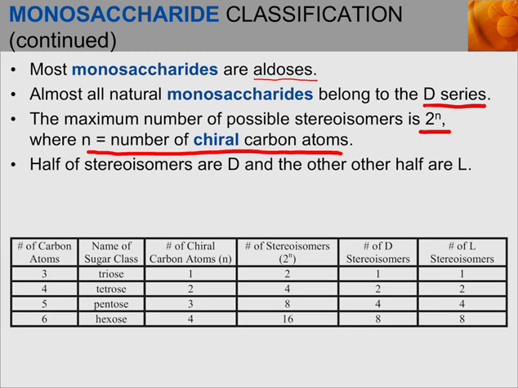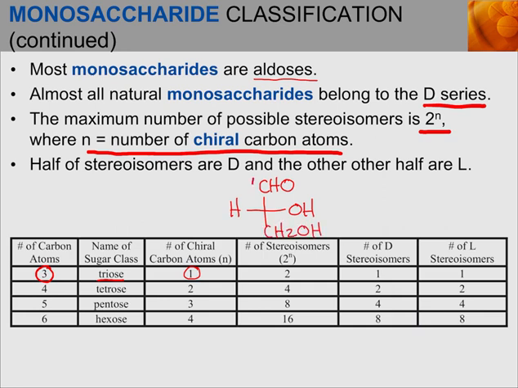Looking down below, we can start to figure out the pattern that occurs with monosaccharides. For instance, if a monosaccharide has 3 carbon atoms, we call that a triose. It should really only have 1 chiral carbon atom. So for instance, it might look like this.